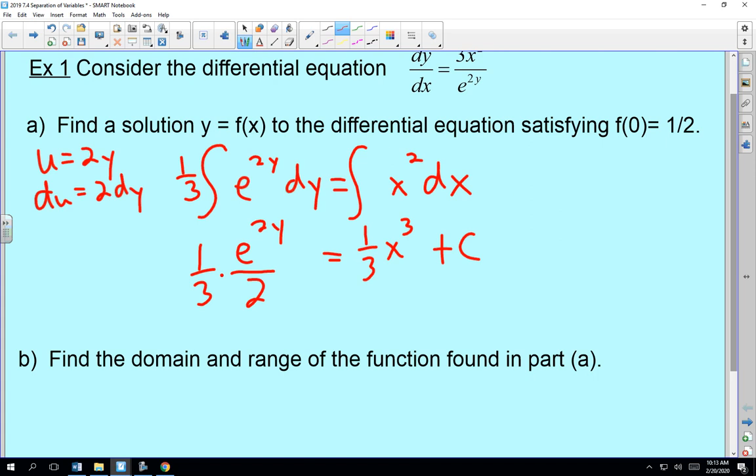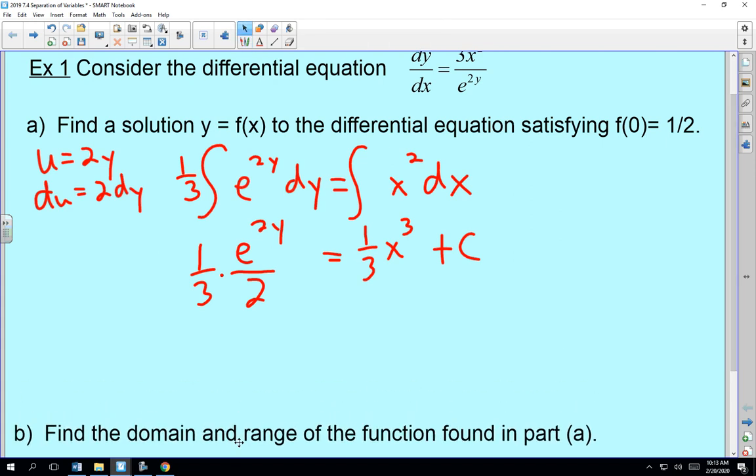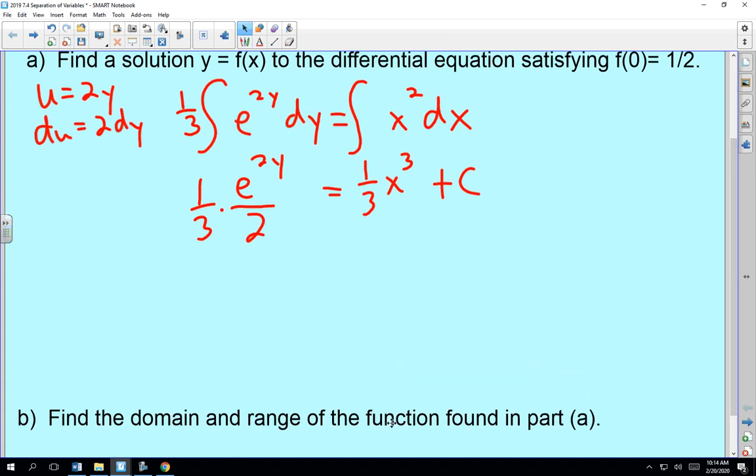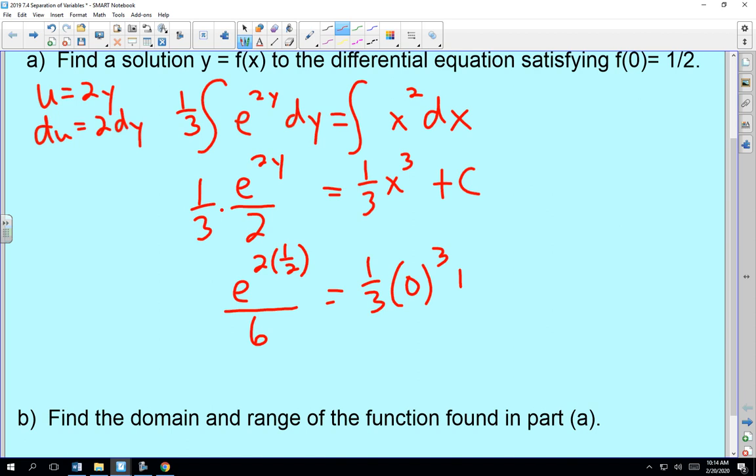So we're going to plug in 0 for x and 1/2 for y, which is nice. So we've got e to the 2 times 1/2 over 6 equals 1/3 times 0 cubed plus c. So c equals what? Looks like it's just 1/6 e to the first. It's just e over 6.